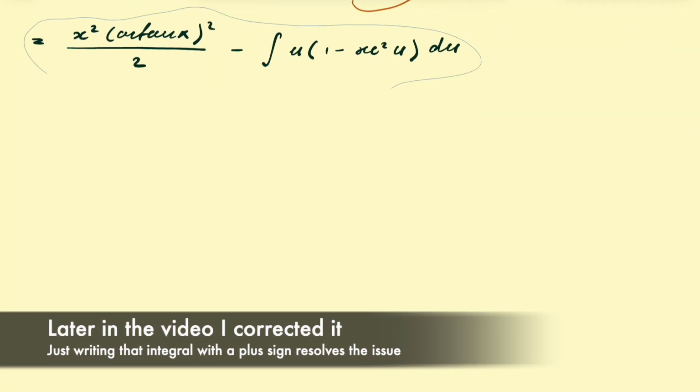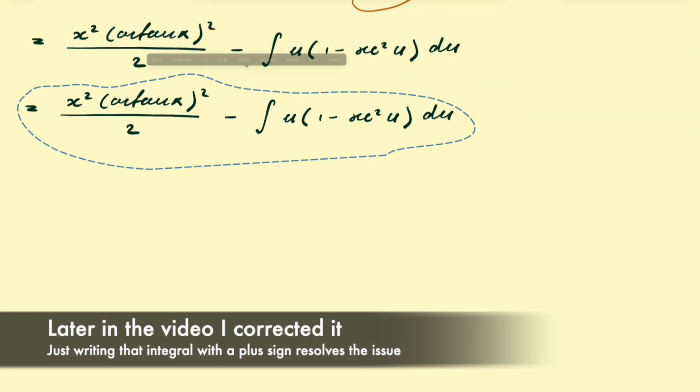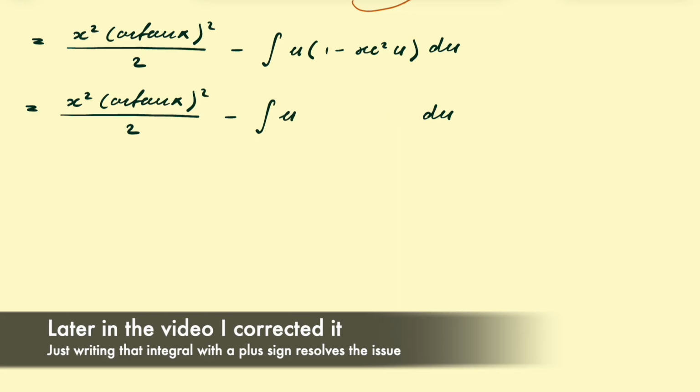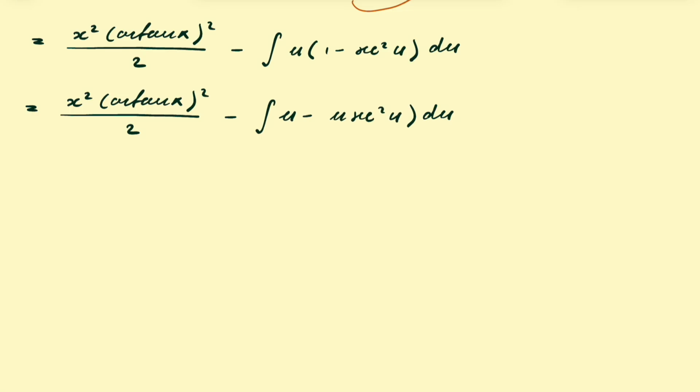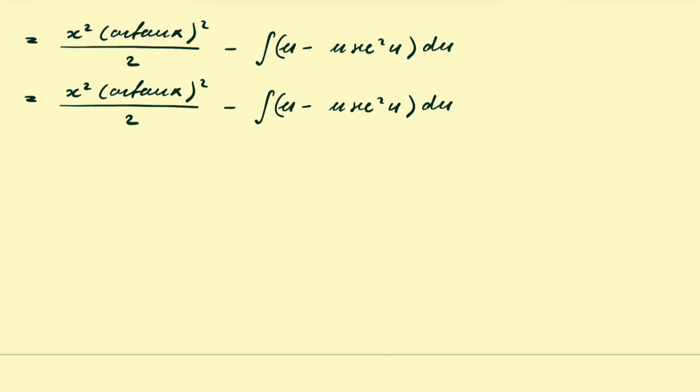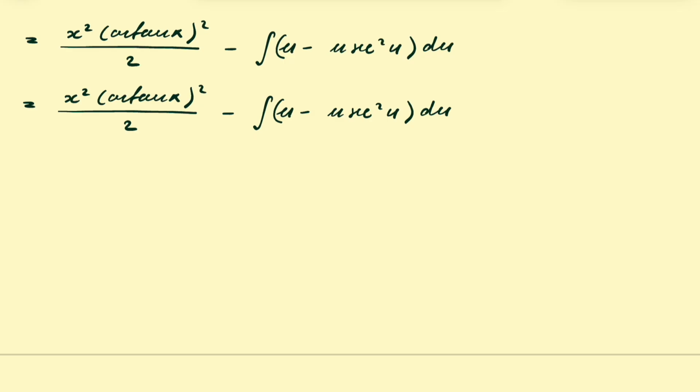Okay, here, without too much hesitation, we can write this as u minus u times secant square of u du, right? And from now on, we are left with one integral that we need to solve, since we can separate these: integral of u du minus an integral of u times secant square of u du.